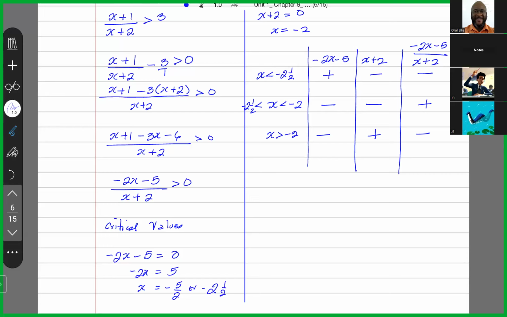And the values of x for which minus 2x minus 5 divided by x plus 2 is positive, the solution is x is less than minus 2 and at the same time is greater than minus 2.5.